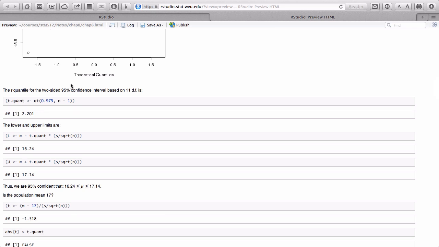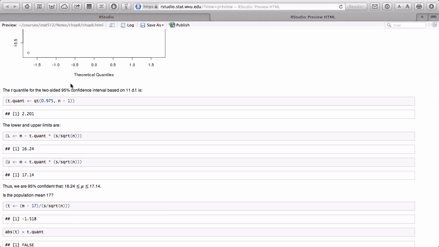You can't test whether or not the assumptions hold. And so in real life, you're going to need to do that. It's not enough just to do a t-test and say, okay, this is my conclusion. You need to have some statement of validity about your assumptions.